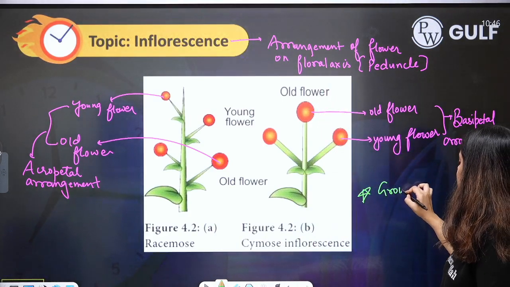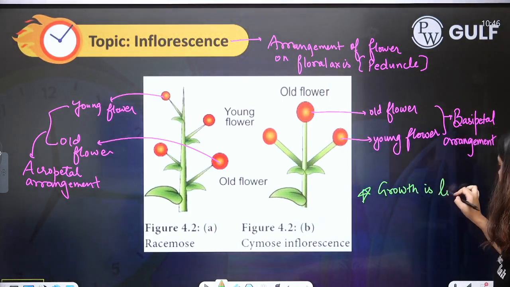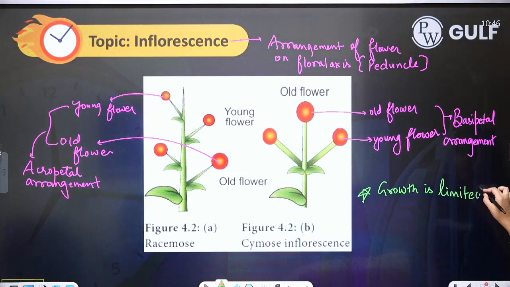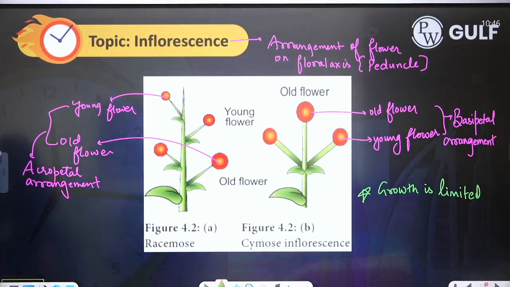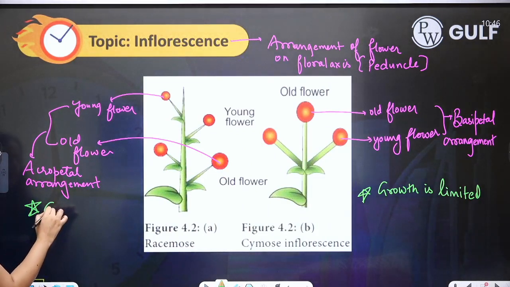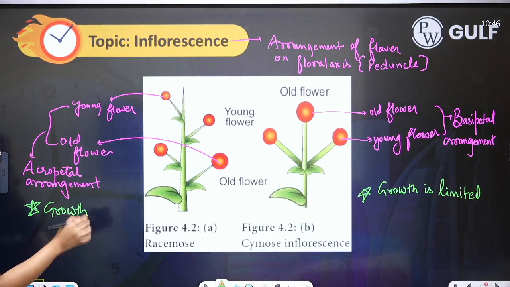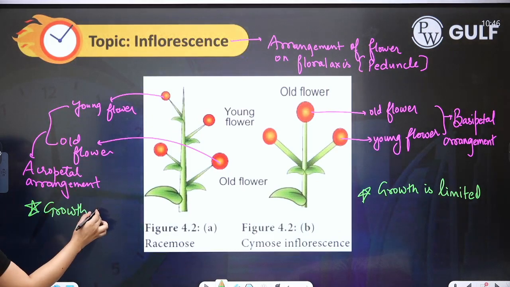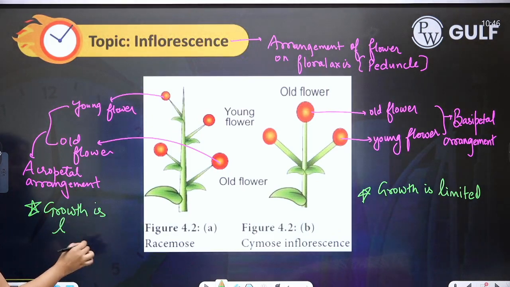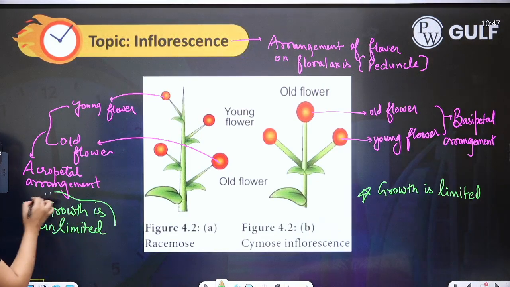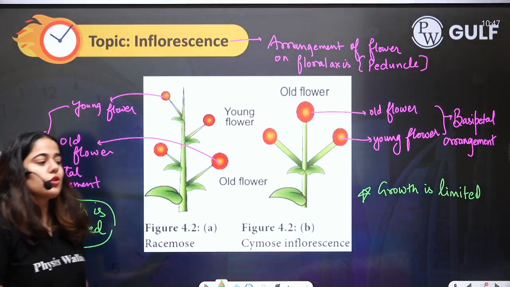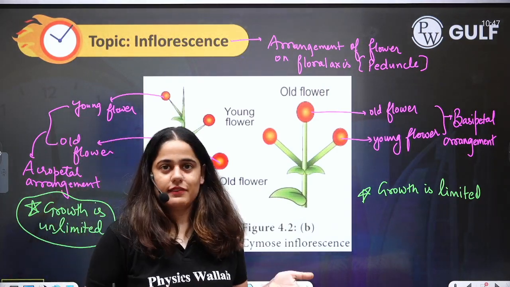Acropetal arrangement, right? So as you can see here, in this the old flower is at the tip, which means the growth is limited in this because the old flower is at the tip. But here the young flower is at the tip. That's why the plant can grow and produce lots of flowers at the tip. So growth is unlimited. It does not mean that it will grow and grow. It will grow until it survives, right?